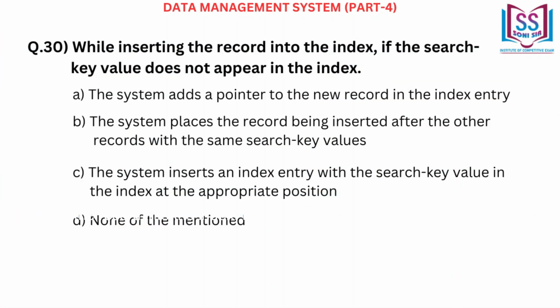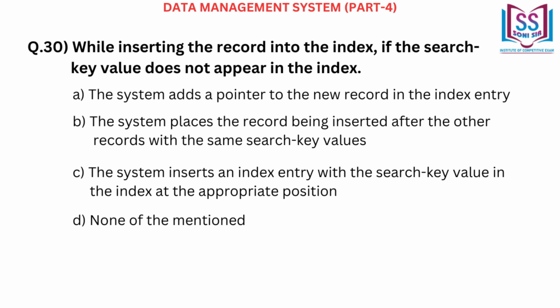While inserting the record into the index, if the search key value does not appear in the index, A. The system adds a pointer to the new record in the index entry. B. The system places the record being inserted after the other records with the same search key values. C. The system inserts an index entry with the search key value in the index at the appropriate position.